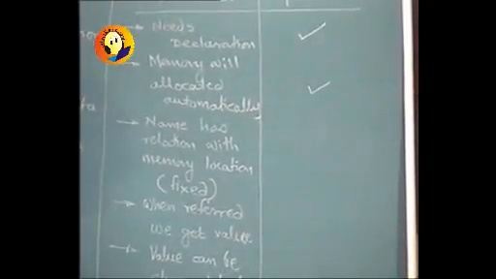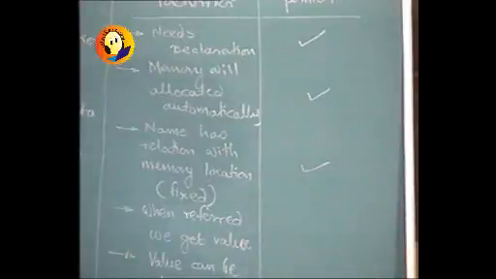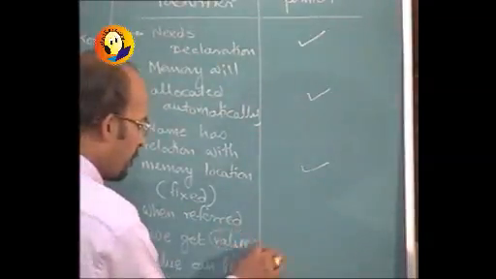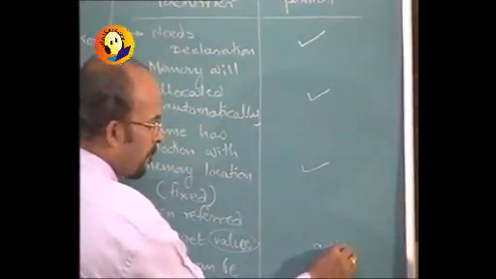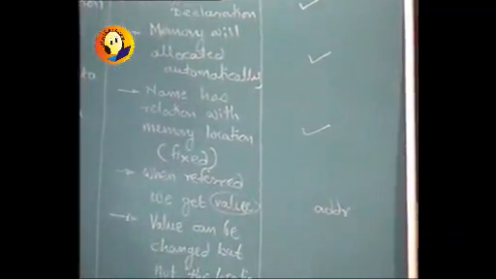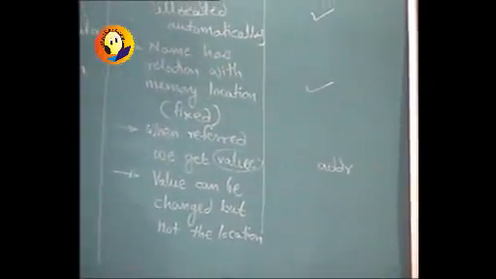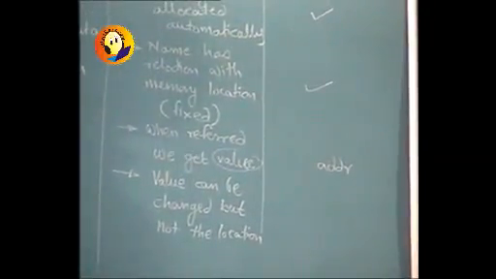Pointer name has got a fixed relation with the memory location. When referenced, we get address. And now, value can be changed, but not the location.